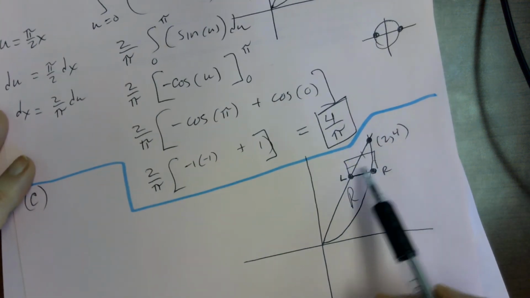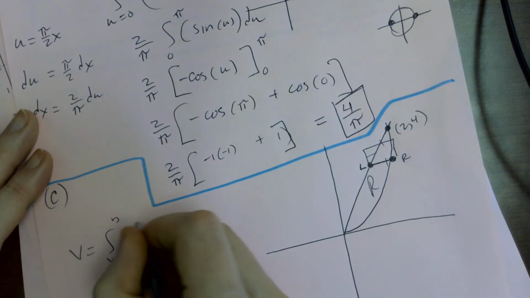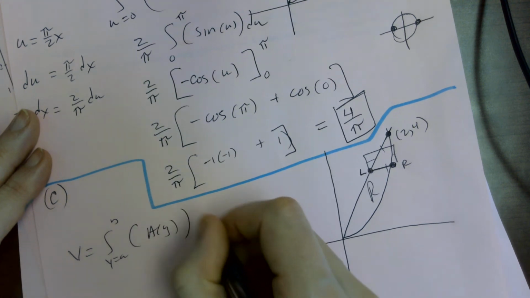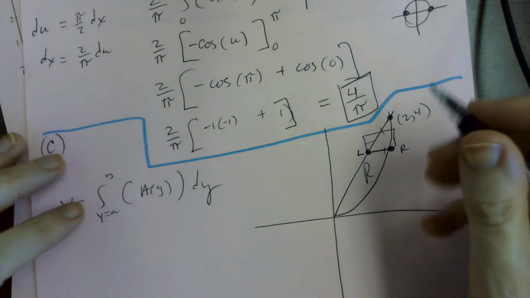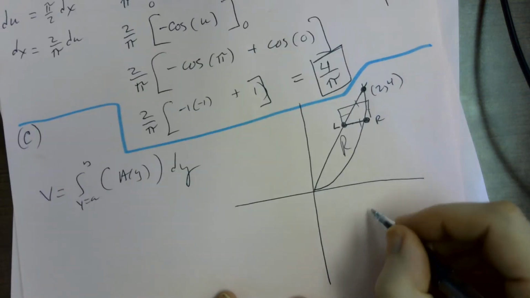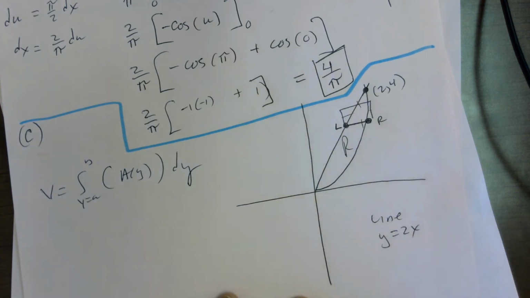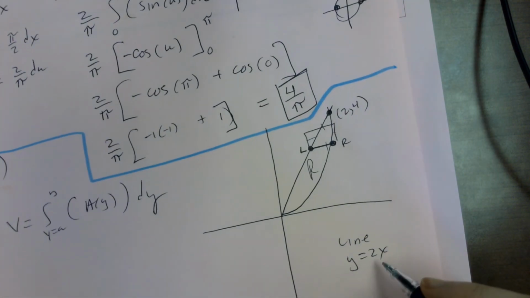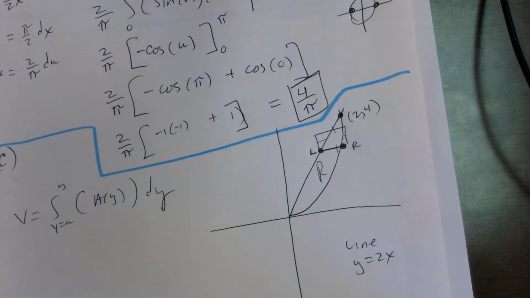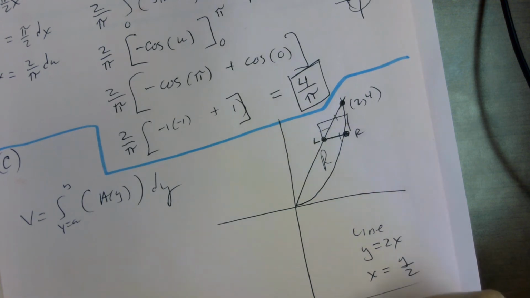Since we're doing horizontal slices, our volume formula is going to be in terms of y. Right now, you know that the line is y equals 2x from the beginning, but you need to solve for x in order to plug y terms in. So x equals y over 2. That's the line.